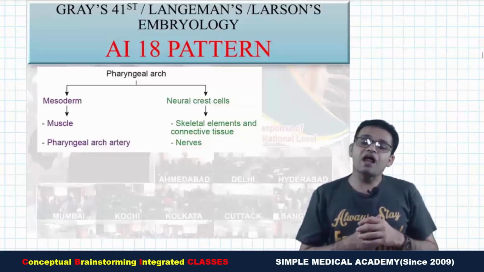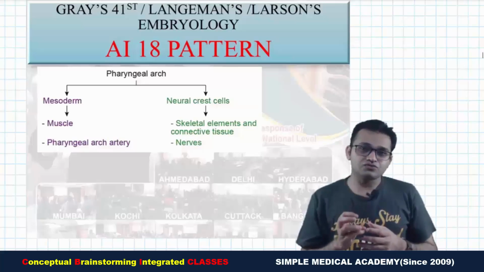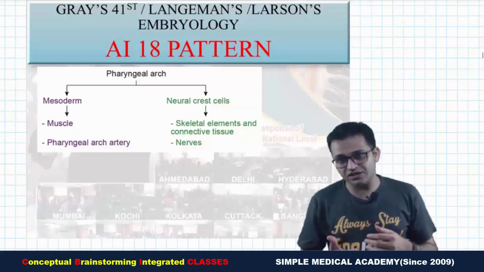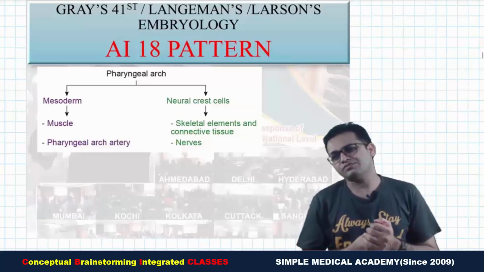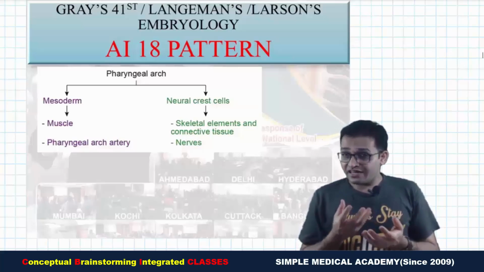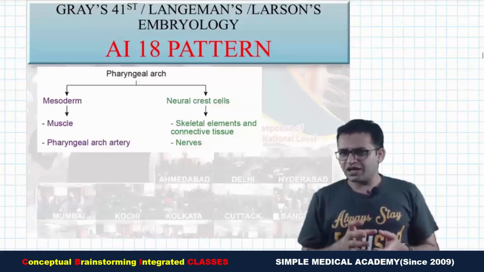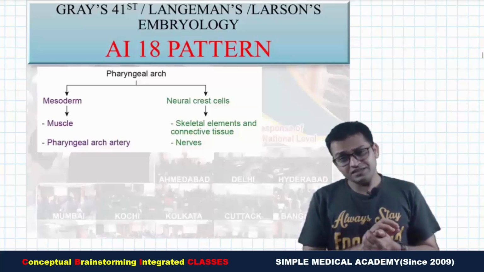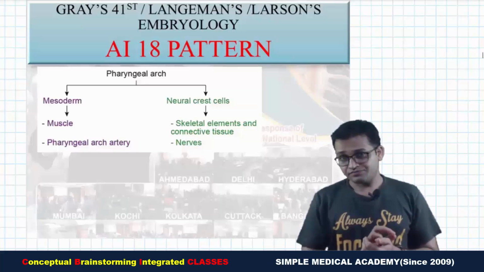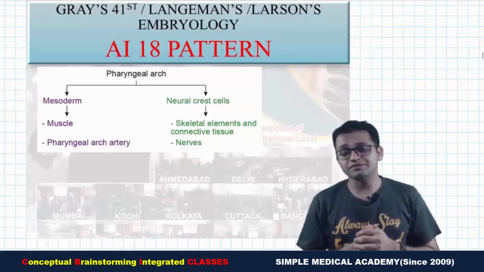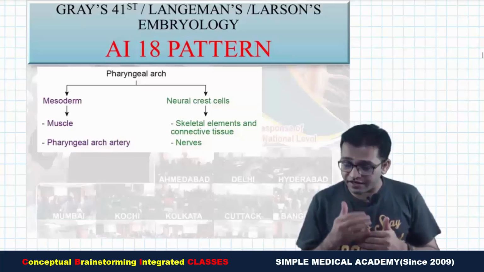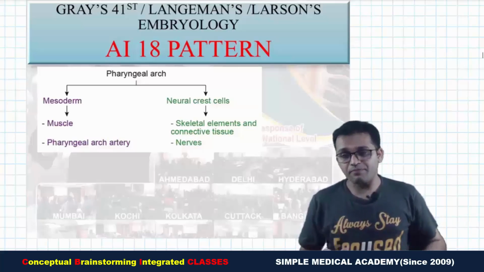So if they ask about the pharyngeal nerves like the mandibular nerve, glossopharyngeal nerve, superior laryngeal nerve, recurrent laryngeal nerve, facial nerve, these are derived from your answer. The best answer according to the update is neural crest cells. Okay, so this is one update for you. Secondary mesoderm, secondary mesenchyme from the neural crest cell. We will again meet these updates in the later part.